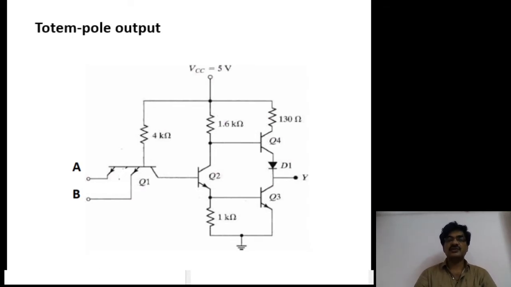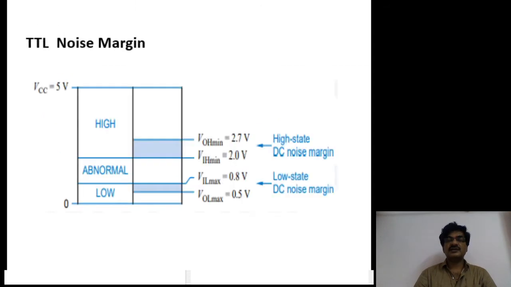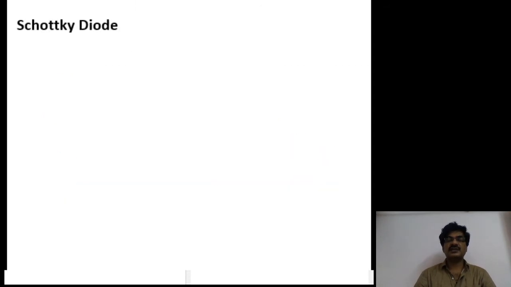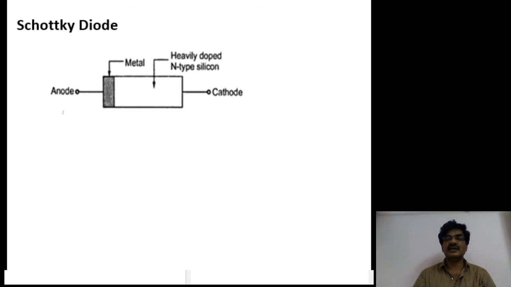Before going to Schottky transistors, it is better to discuss the Schottky diode. What is a Schottky diode? The Schottky diode is a metal semiconductor diode. In a PN junction diode, both regions, P region and N region, are semiconductors.